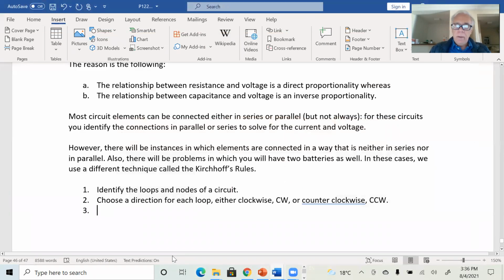Set the direction of the unknown current, either way you want.